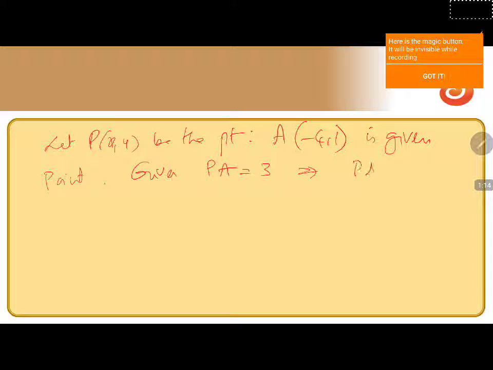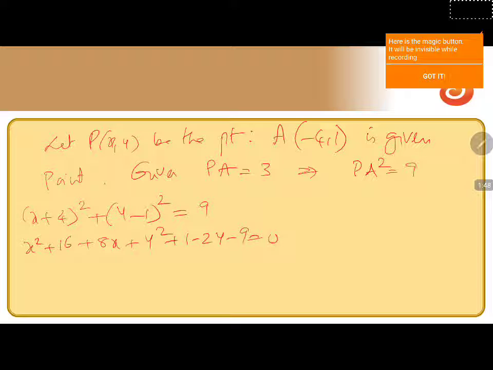That gives us PA square is 9. So when you calculate the distance between P and A, (x + 4) whole square plus (y - 1) whole square is equal to 9. x square plus 16 plus 8x, y square plus 1 minus 2y minus 9 is 0.